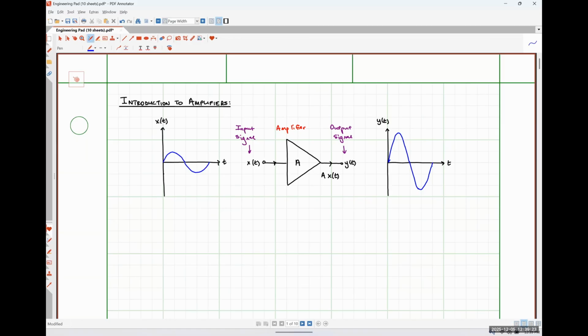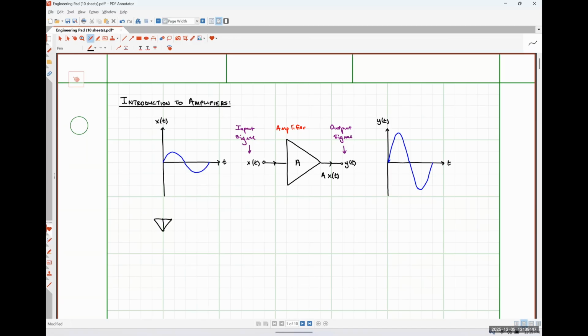So amplifiers are used in a whole lot of different applications that we interact with in our everyday lives. So I'm going to draw a kind of block diagram representation of a radio, like the one that we might have in our cars or as part of our phones, things like that. So on the input side of things, we might have an antenna.